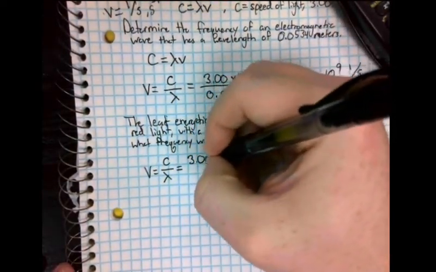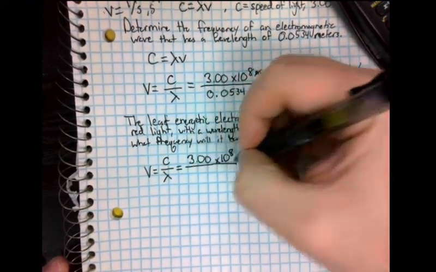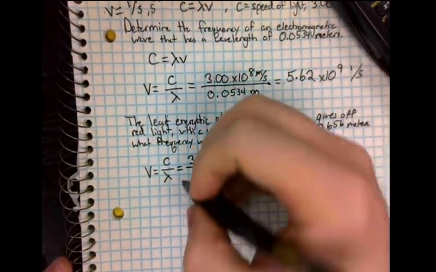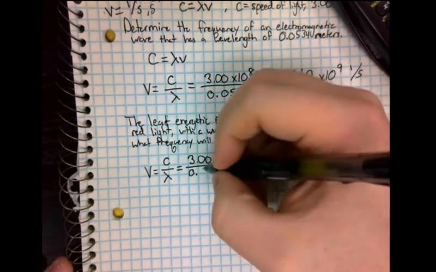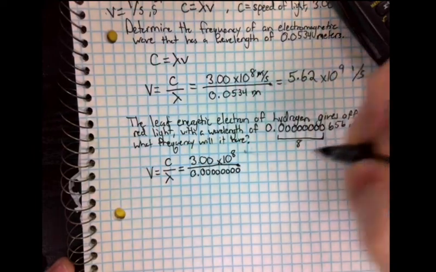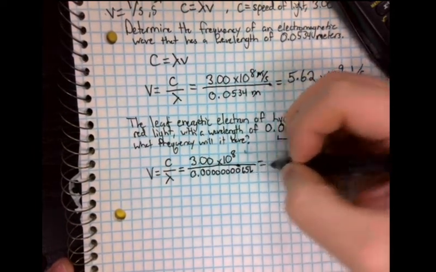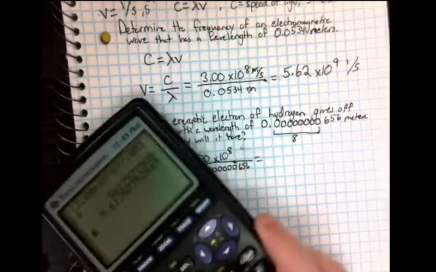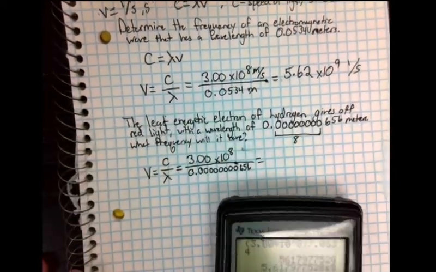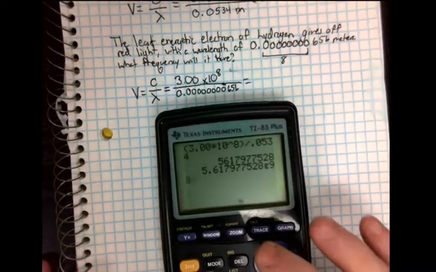We'll do 3.00 times 10 to the 8th over the wavelength. Now you're going to end up with an even smaller number. My calculator is still in scientific notation form, which will be good because this number you're definitely going to want in scientific notation.